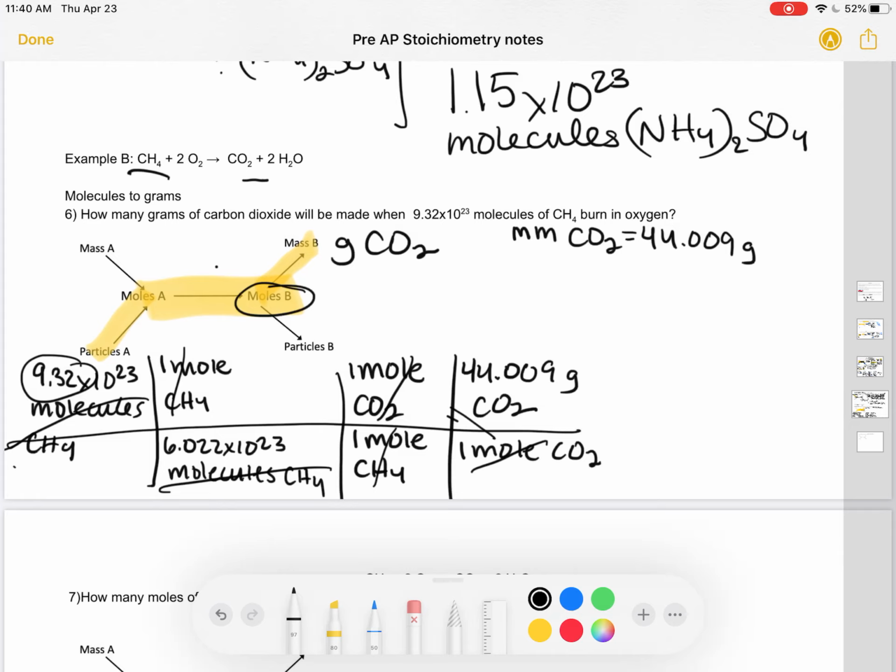I actually did not write the answer down in my little answer key here, so I actually have to put this in my calculator right now.